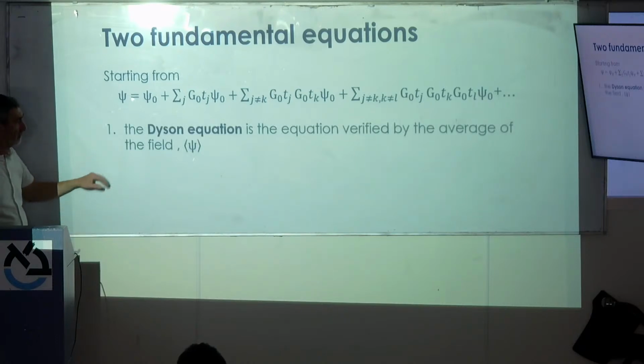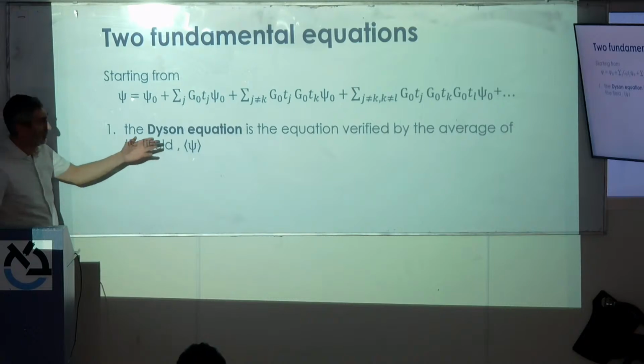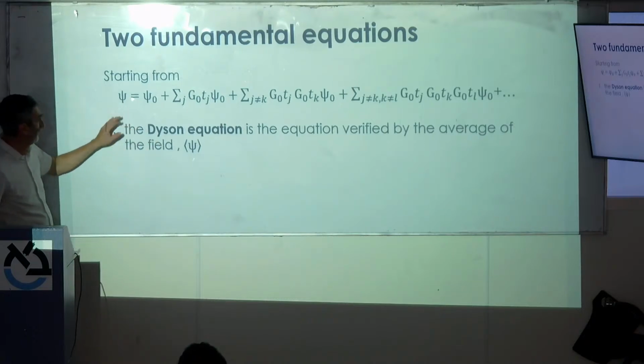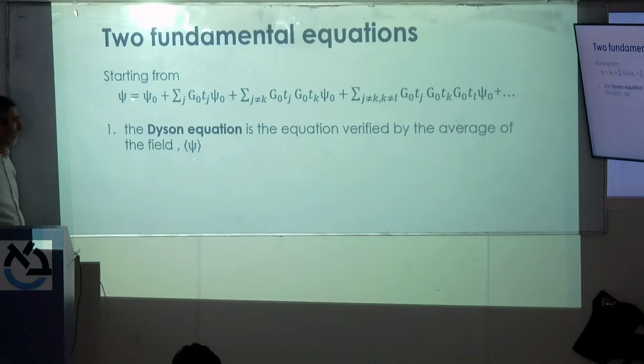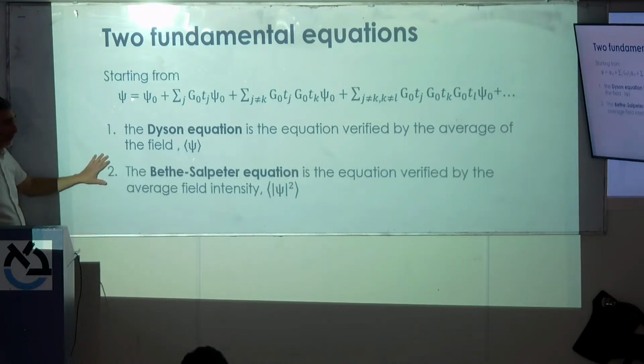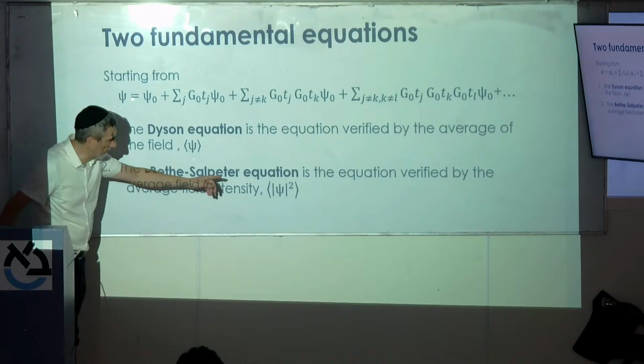So the Dyson equation is the equation verified by the average field psi average. Now, if you take the modulus square of psi, the intensity of the field, then you define another equation which is called the Bethe-Salpeter equation. This is the equation verified by the average field intensity, psi squared average.